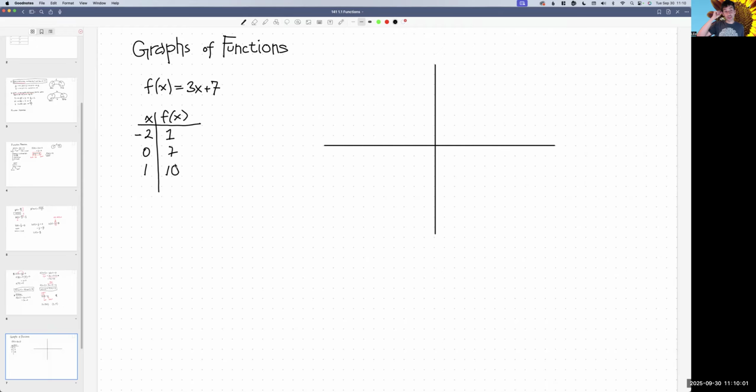The disadvantage is, I have 3 examples from this function. If we take the largest allowable domain, that's all the numbers. There's no number that we can't multiply by 3 and then add 7 to. So our domain, unless we put some arbitrary restrictions on it, is all real numbers, and there's an infinite number of real numbers.